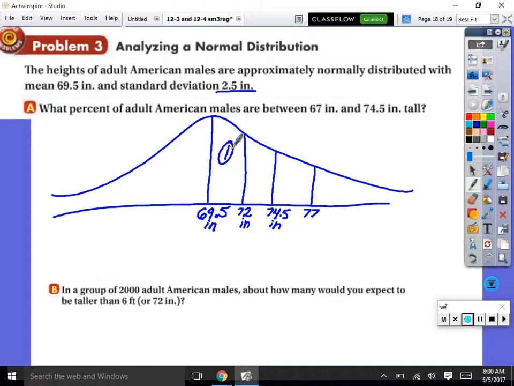Perfect. So that was one standard deviation above, 2, 3, and then taller than 77 inches, and we'll just write that out. So 34% fall in here. In the real world, 13.5%, 2.35%, and then 0.15. So you would take your 69.5, subtract 2.5.